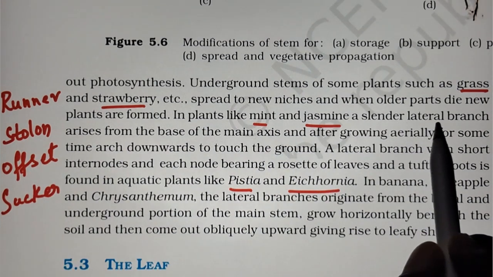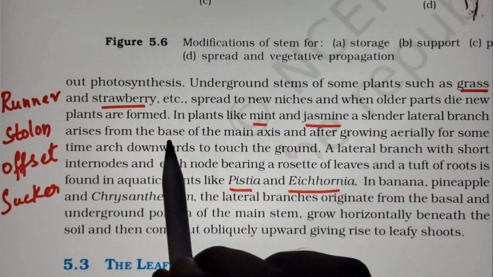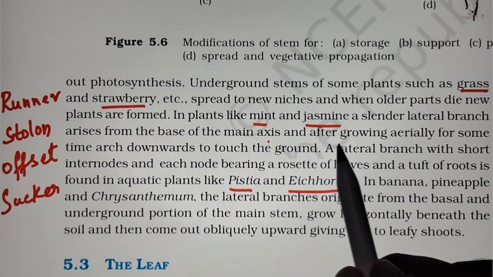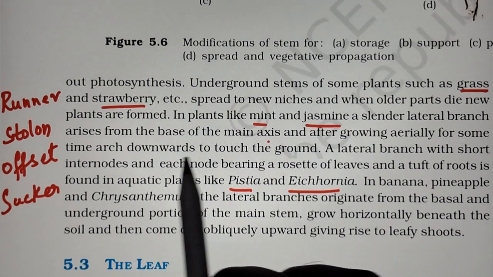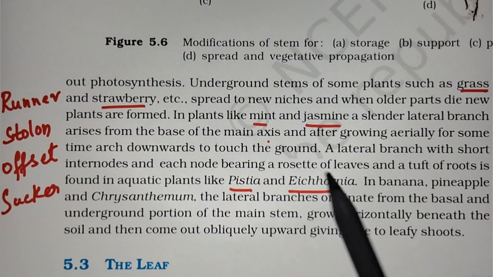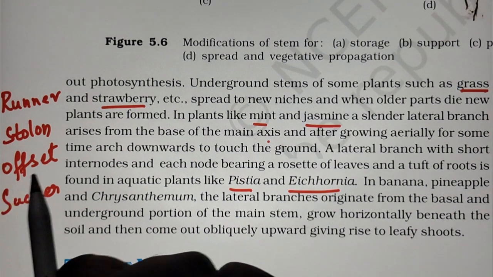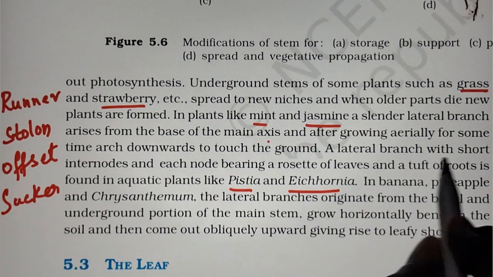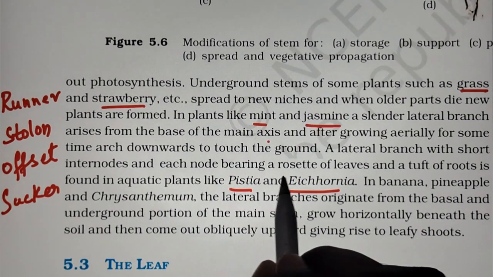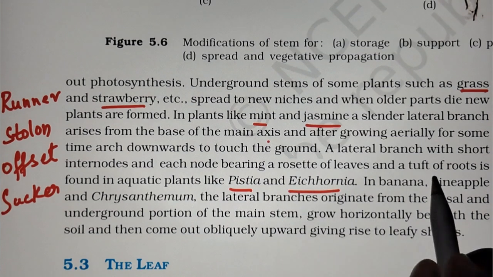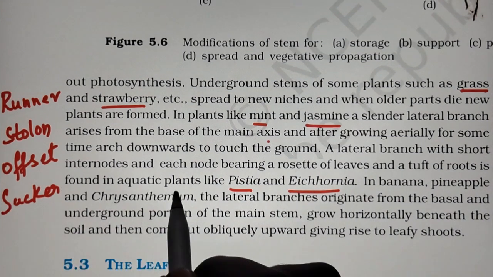A slender lateral branch arises from the basal part of the main branch and, after growing aerially for some time, arches down and touches the ground, and it becomes an individual plant. Okay, next, offset. A lateral branch with short internodes and each node bearing a rosette of leaves and a tuft of roots in aquatic plants.